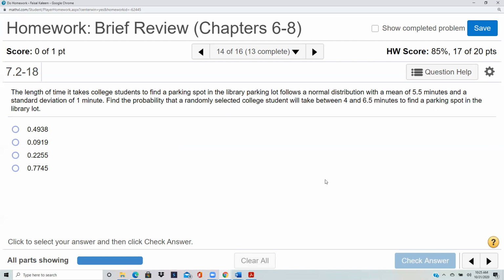We would do stats, calculator, normal, and it gives us the mean and standard deviation. Instead of doing standard, we do between. So it's 5.5 and 1, and we have to do between 4 and 6.5.